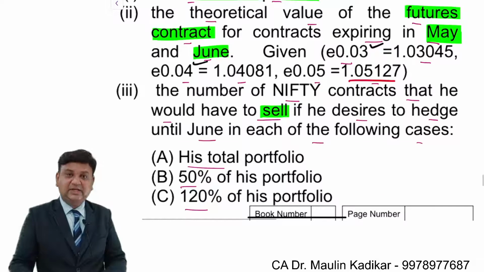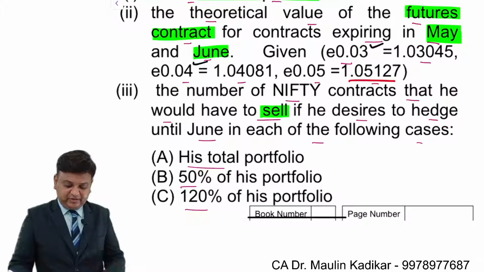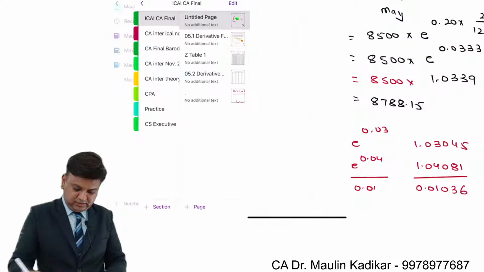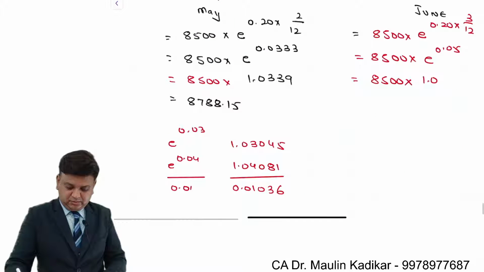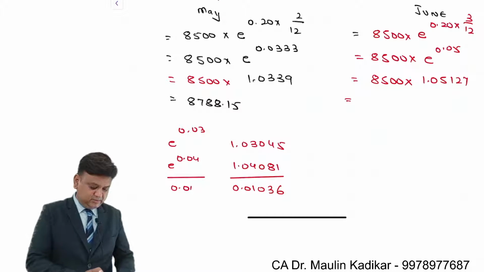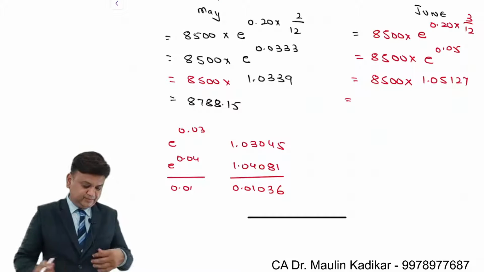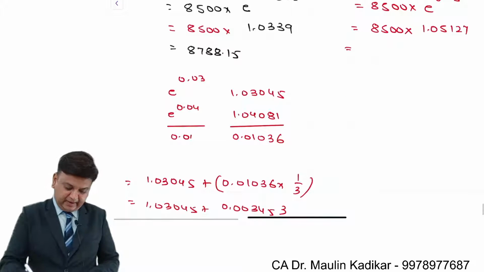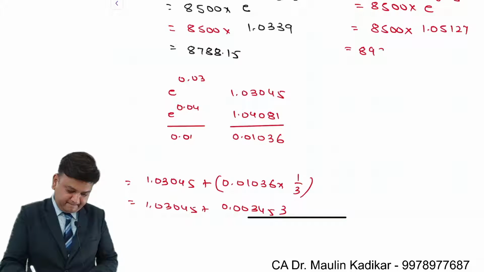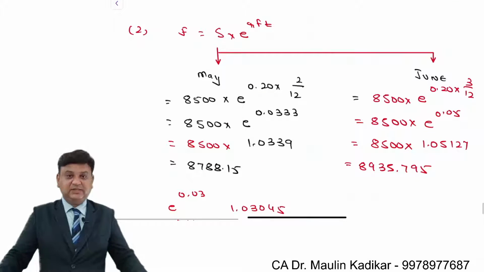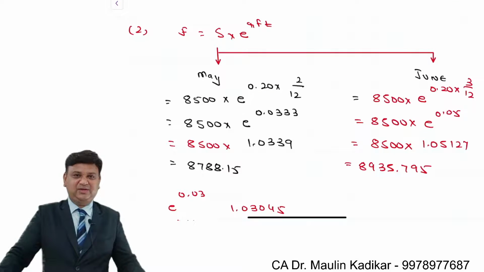So over here it is directly provided to us 1.05127. So over here 8500 into 1.05127. So 8935.795. This is the way the futures value can be calculated.